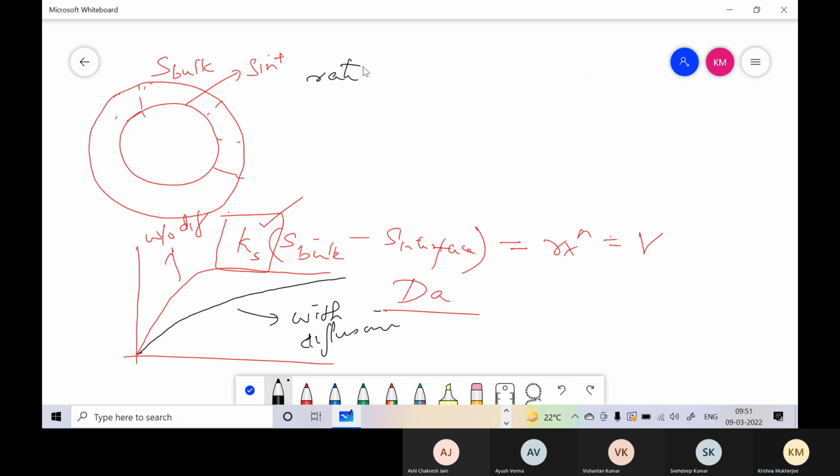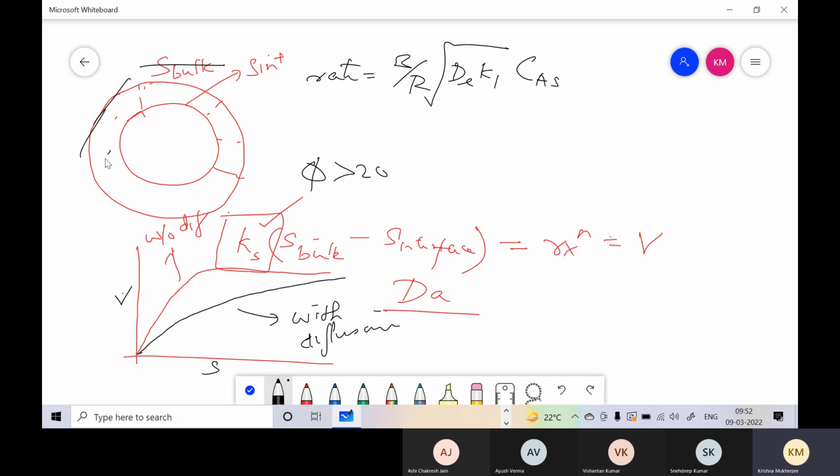Your rate is equal to 3 by R root D_e K1 C_AS, right? And this rate is when phi is very, very large. Now, when is phi large in this case? Remember, this is V versus S. So as you grow lower and lower in S, the more will be the internal diffusion control, because the substrate will tend to disappear faster and faster. So there is no S bulk here.